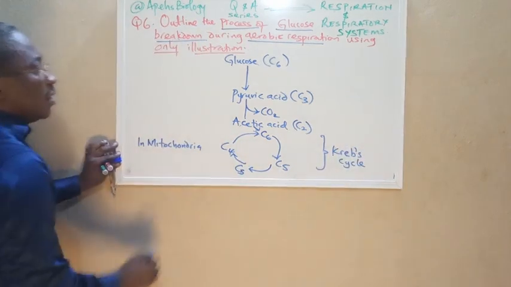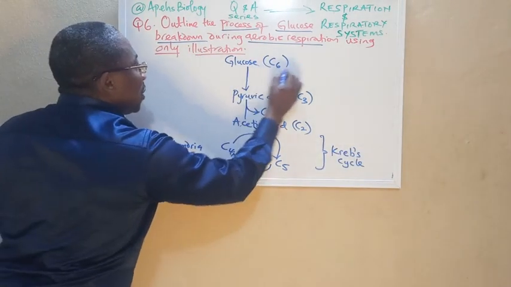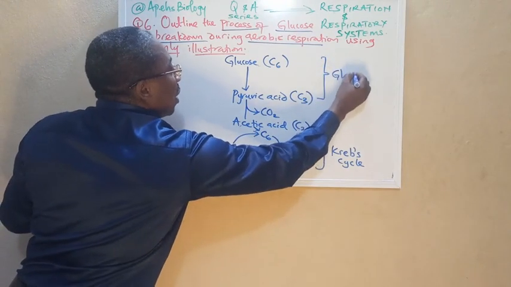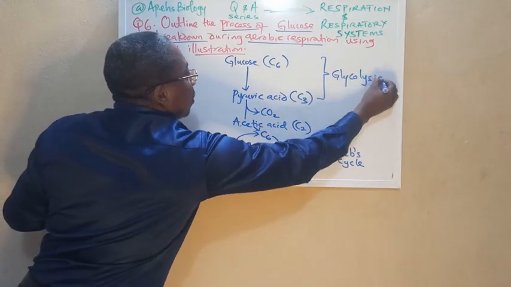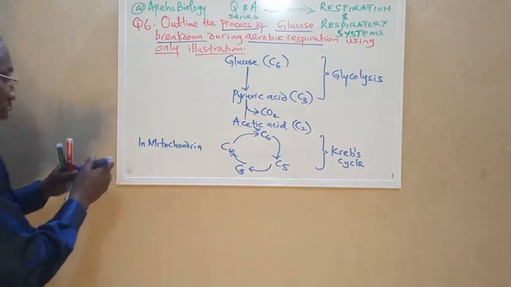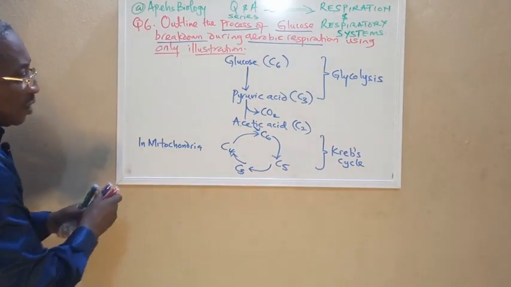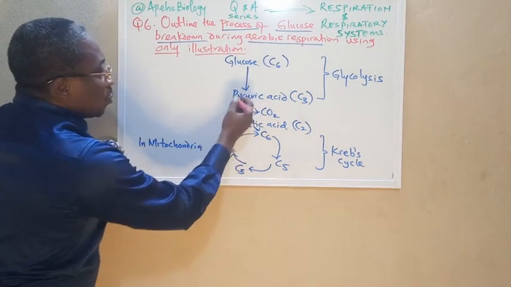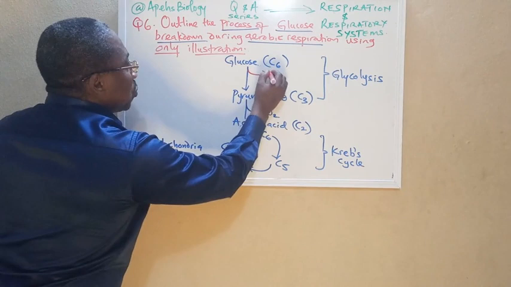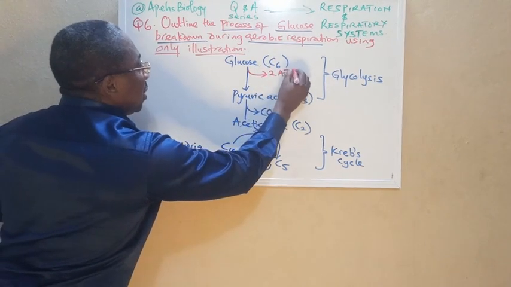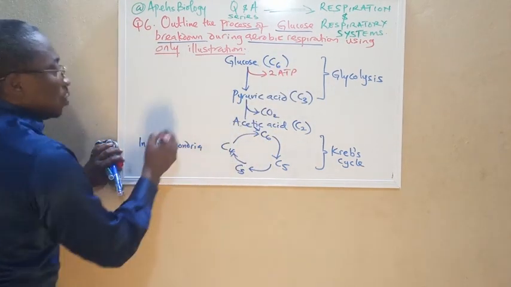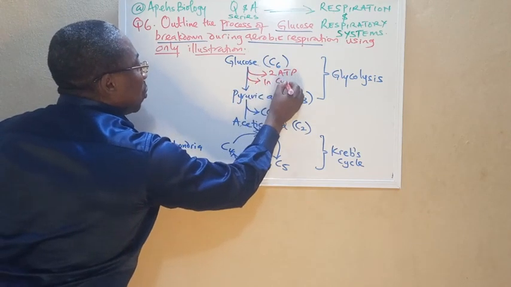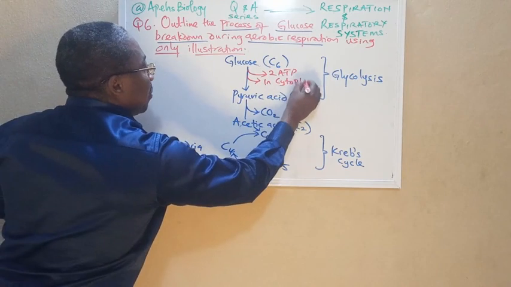All right? Now this whole process from here to here is what we call glycolysis. Are you following? Now what usually happens, because it's an illustration, is that this glucose that's converted to pyruvic acid produces what is called 2 ATP here, and also it occurs inside a place called cytoplasm.